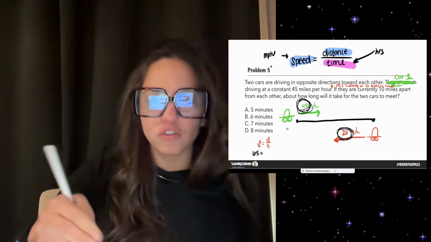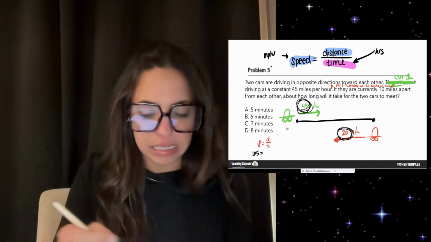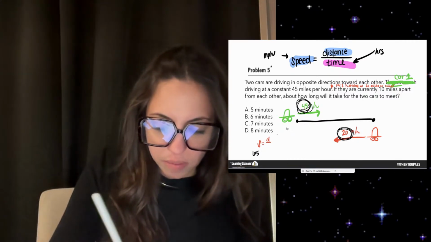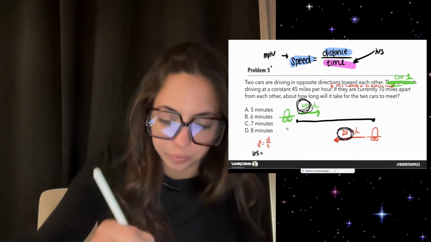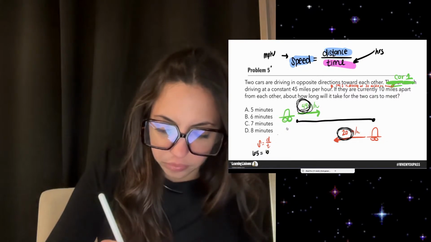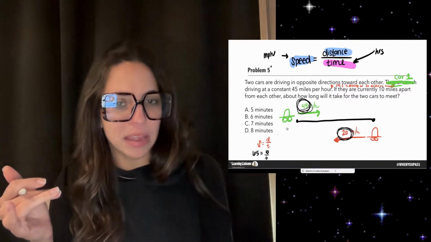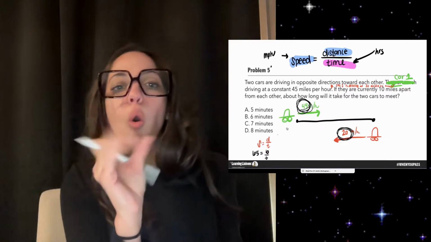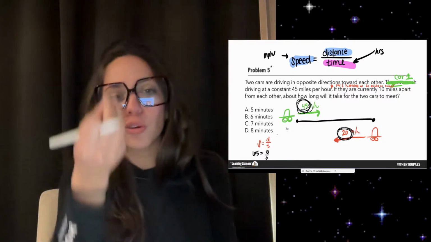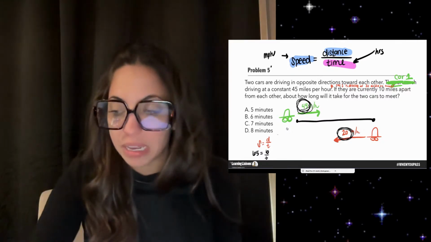And instead of trying to calculate what that distance is, my distance is just going to be the whole 10 divided by time. And that will tell me where they're going to meet, because I'm calculating their whole speed and distance together. So it'll tell me that meeting point.